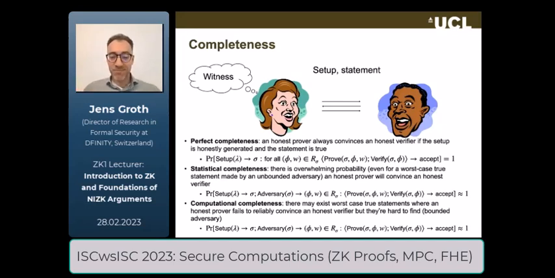It's sort of problematic, but with high probability, the prover is going to convince the verifier. And then you can have computational completeness, which says it's really hard for a computationally bounded adversary to find the true statement for which the proof system fails. But for completeness, it's most common that you see proof systems that are either perfectly complete or sometimes statistically complete.